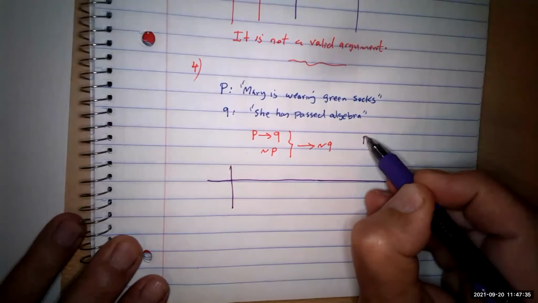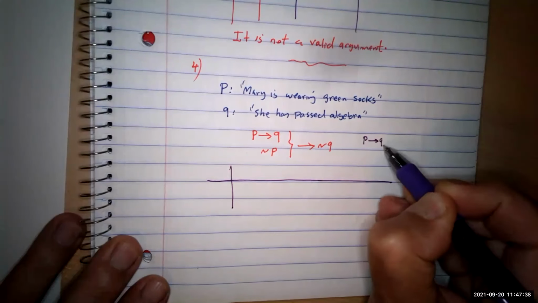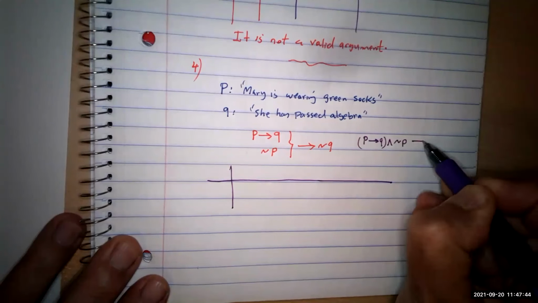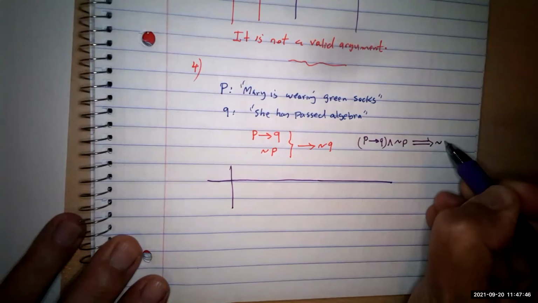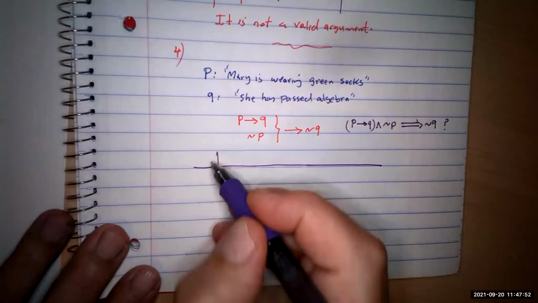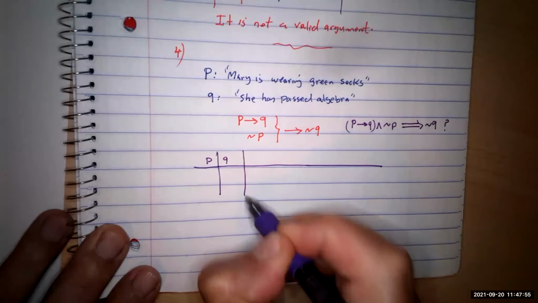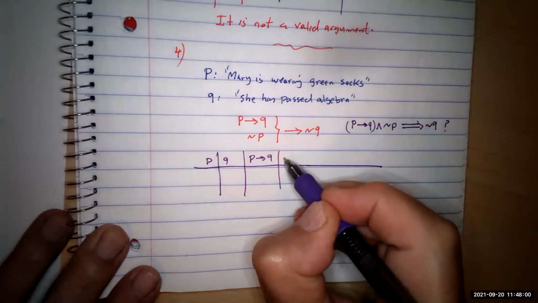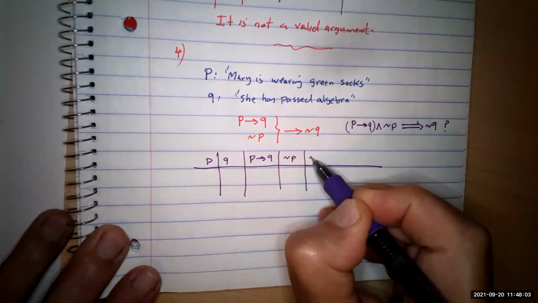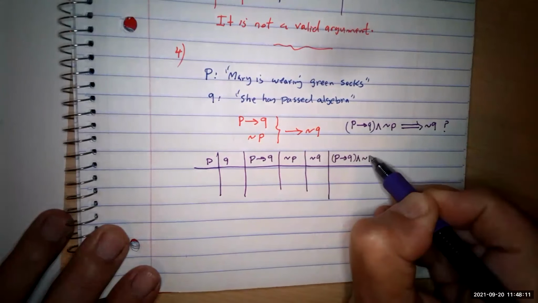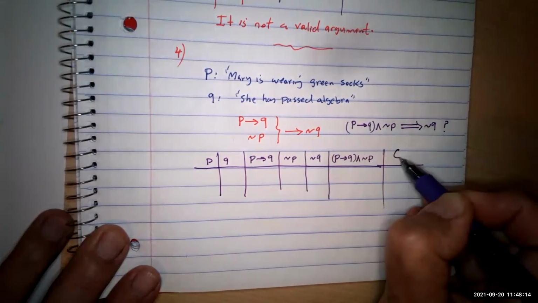So what we want to do is check if P then Q and not P implies not Q is a tautology. We want to check if it's going to be true. So we need a P and a Q. Then you need if P then Q. Then you need a not P and a not Q. Then you have to form if P then Q and not P, and the conclusion.